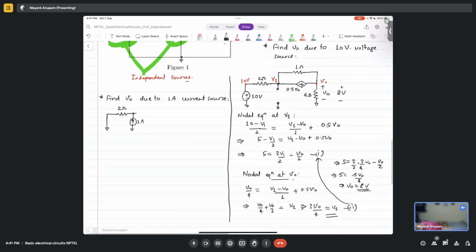So this is 1 ampere. 0.5 V naught, 1 ohm, 1 ohm. And you have 4 ohm here, V naught, right?